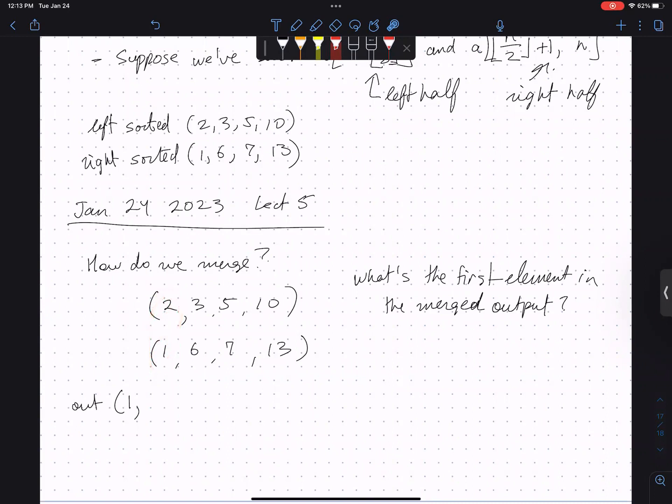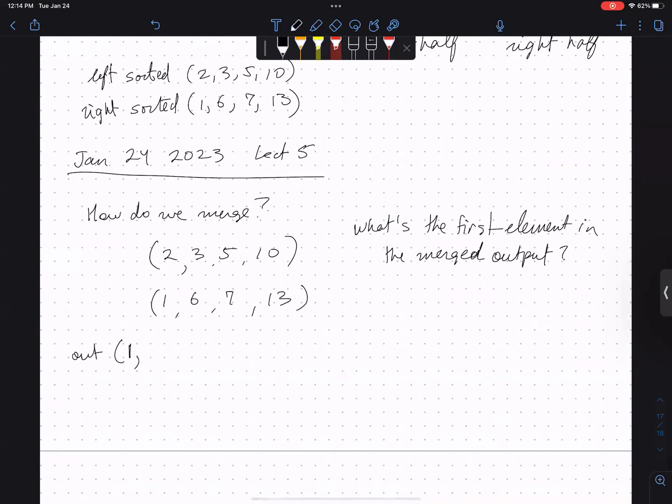In the sorted output, the first element has to be either this one or this one. It cannot be something else, it cannot be something here. So we can put that.